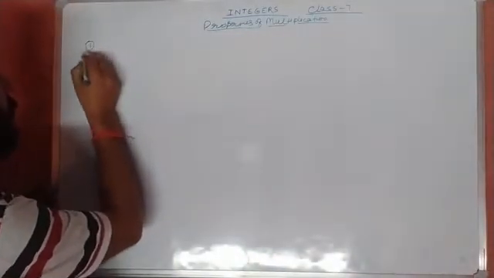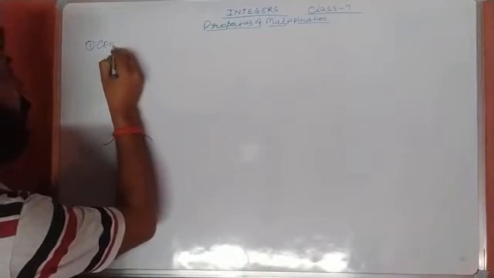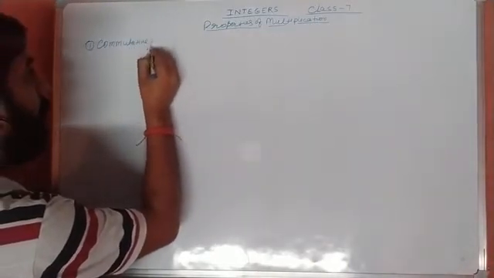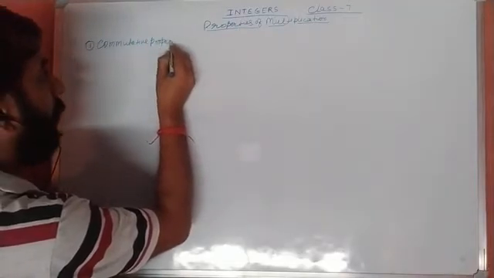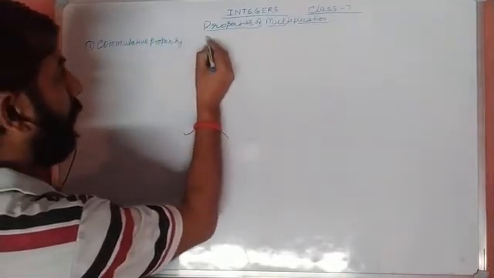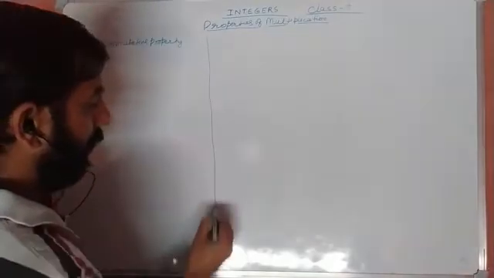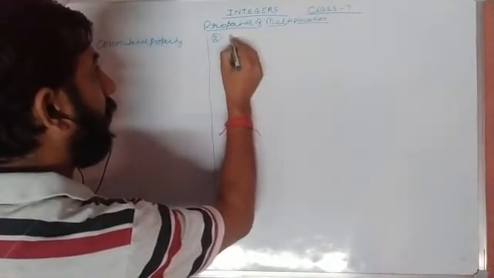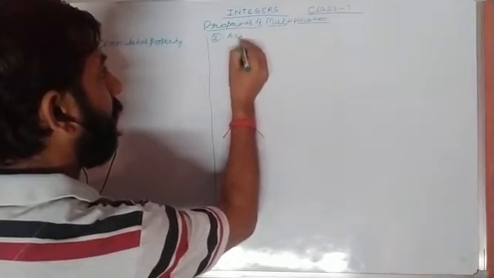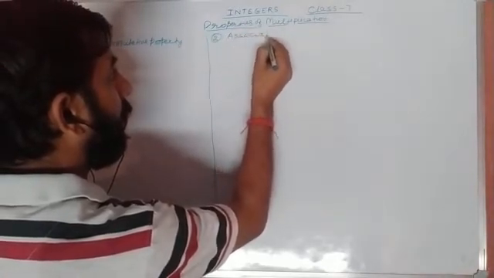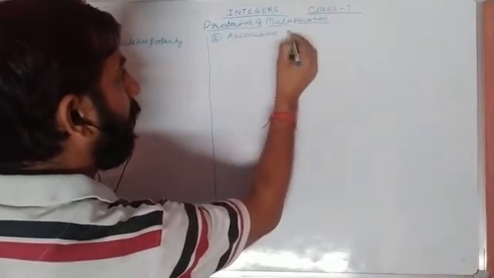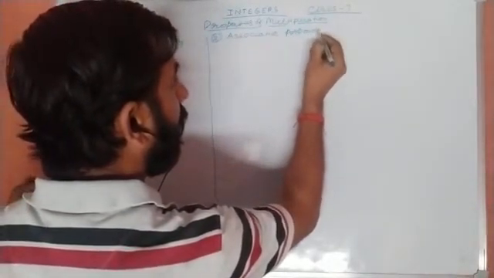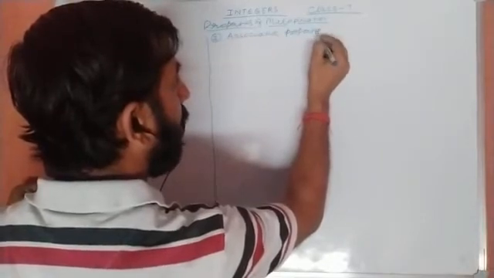First property is commutative property. The second is associative property.